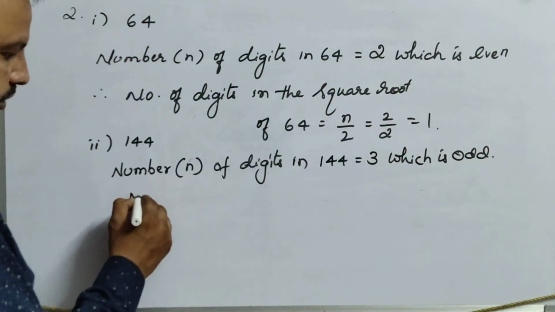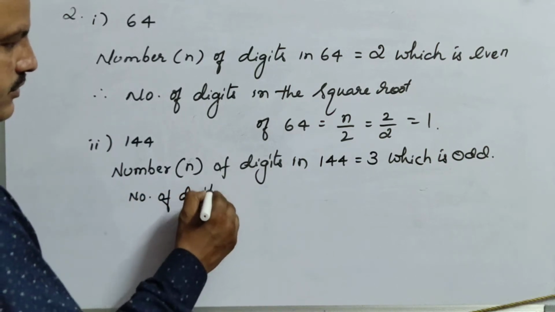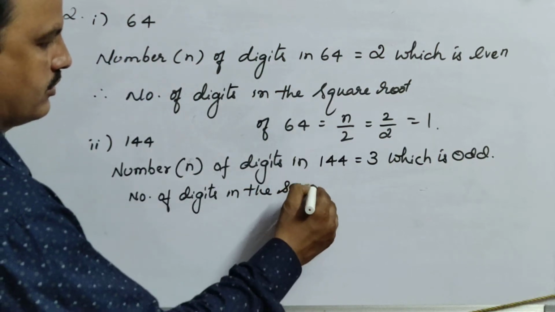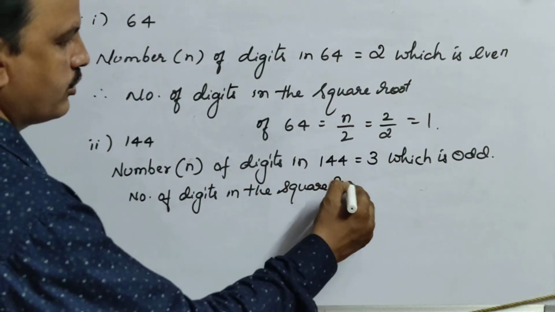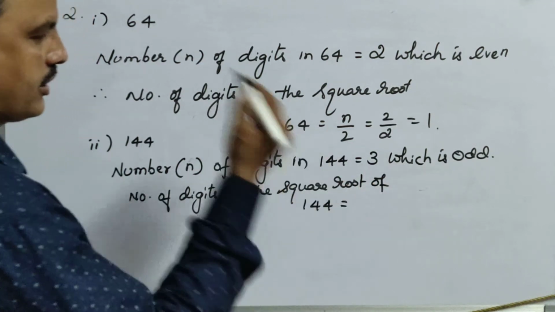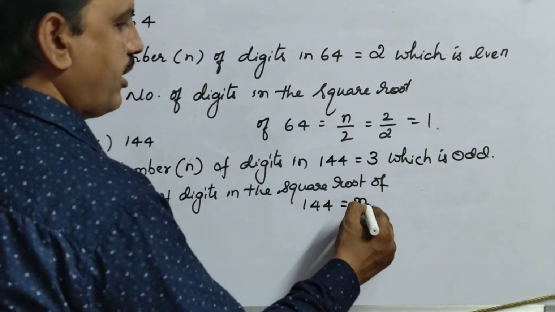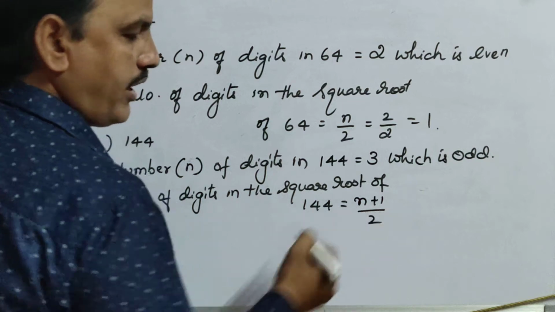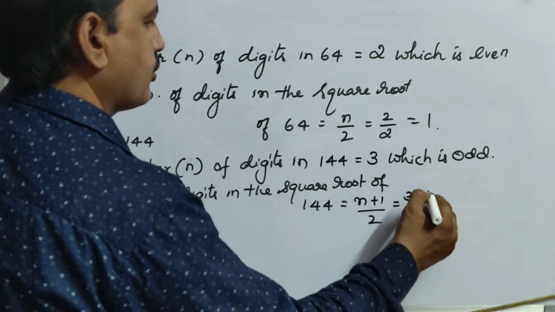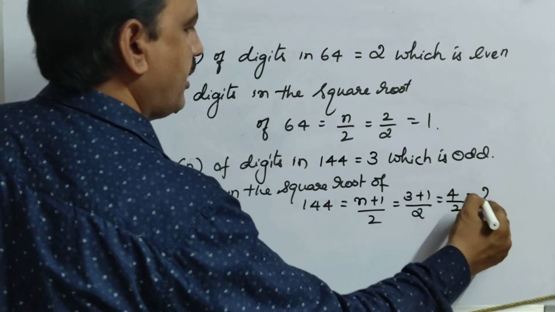Now the number of digits in the square root of 144 equals, here it is odd, no? So we have a formula, n plus 1 by 2. n is 3. So 3 plus 1 by 2, that is 4 by 2, which is nothing but 2.